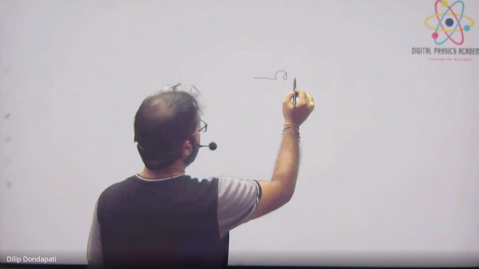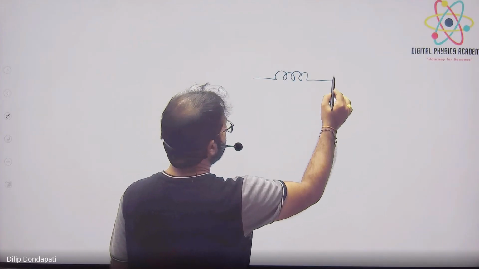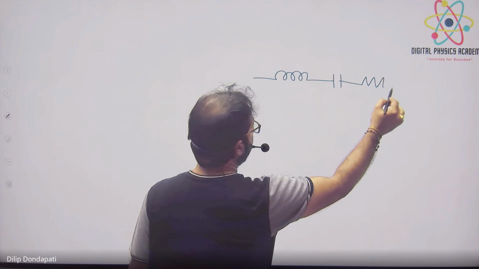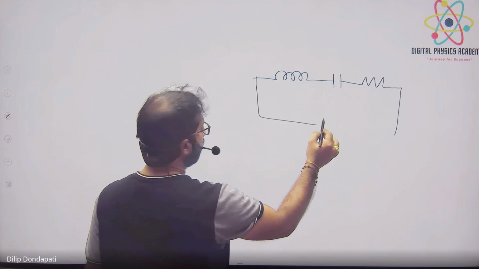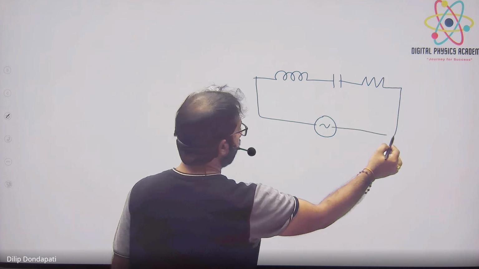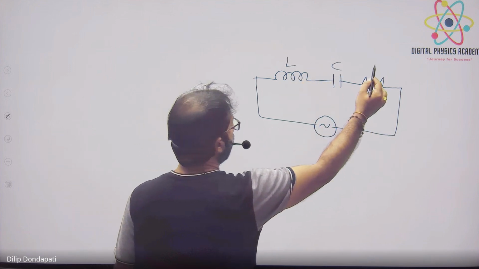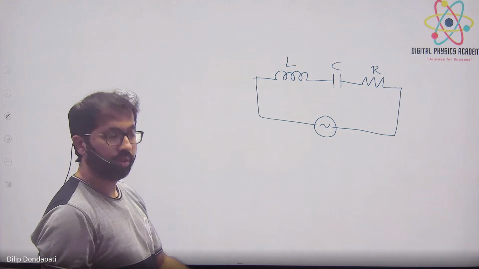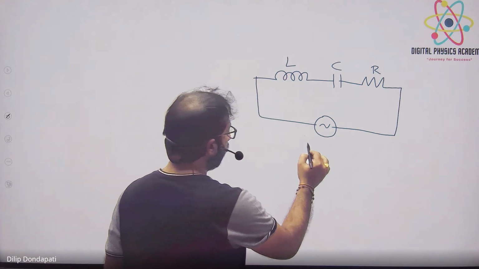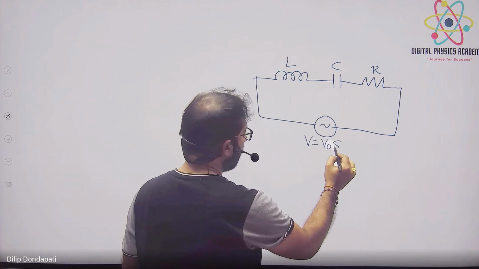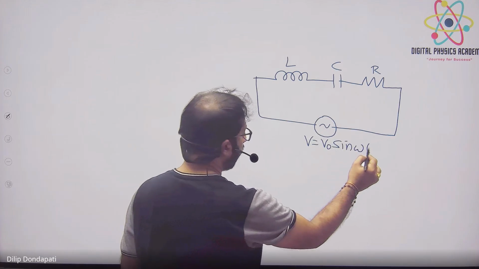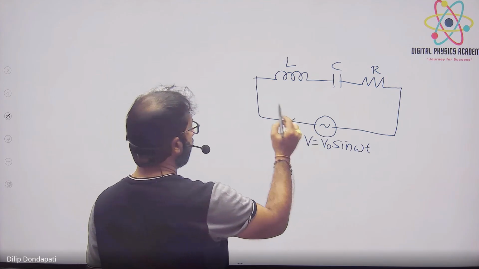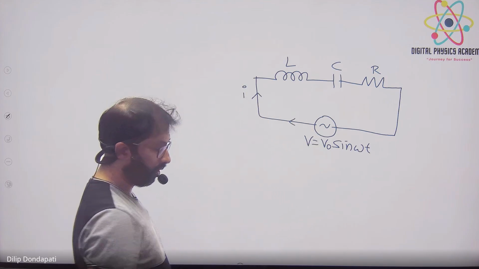This is L, here C, here R. I am giving the voltage. Okay. Here also I am giving the same voltage. V is equal to V naught sin ωt. Okay. Instant current में I am taking current is I. Okay.